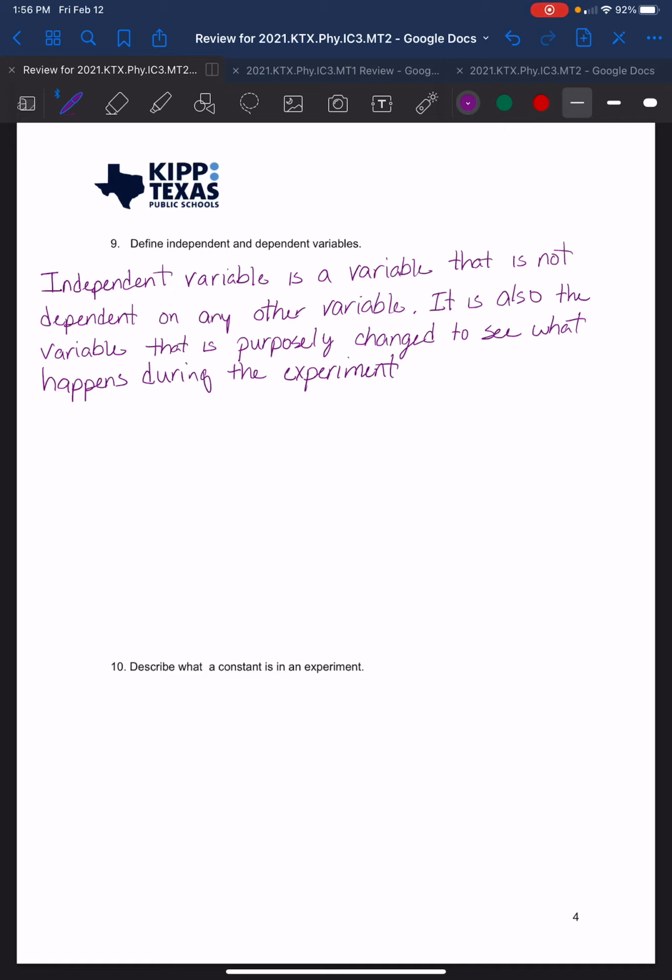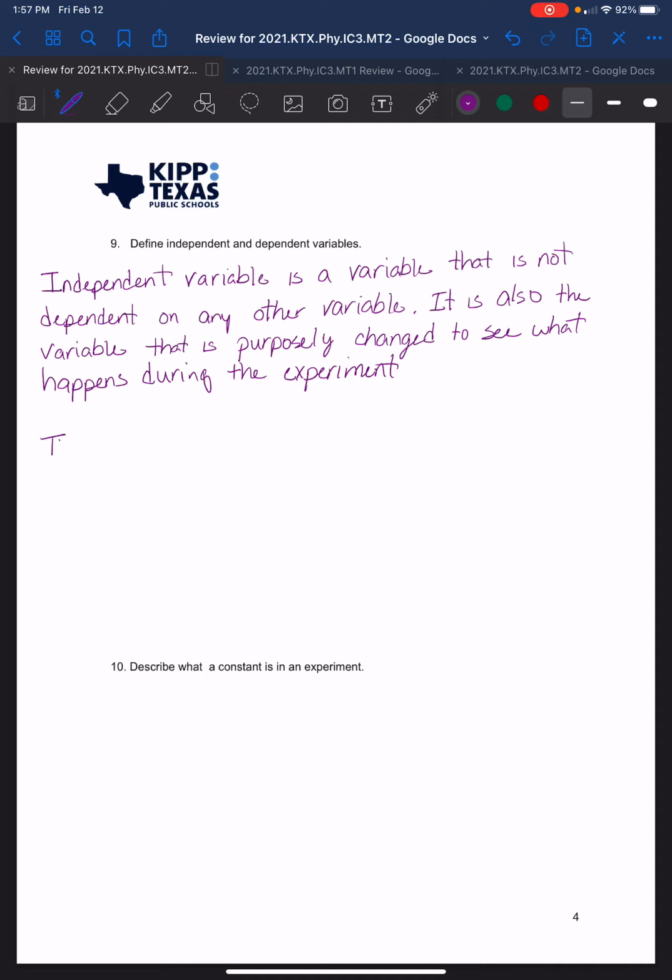So, independent variable is a variable that is not dependent on any other variable. It is also the variable that is purposely changed to see what happens during the experiment. Now, the dependent variable, on the other hand, is the variable that the value is changed when the independent variable is changed. In other words, the dependent variable, its value is dependent on the independent variable.